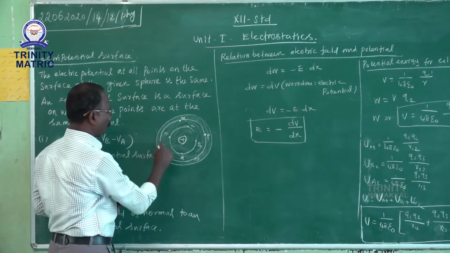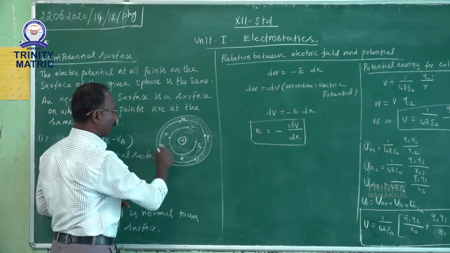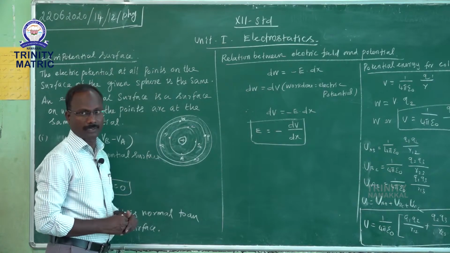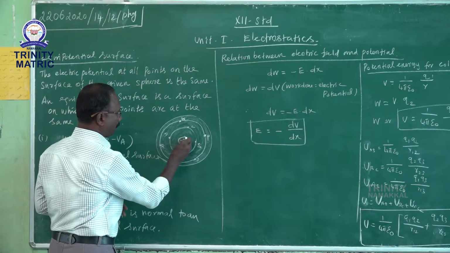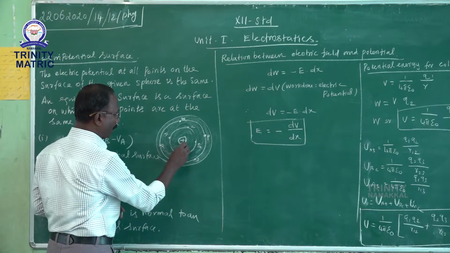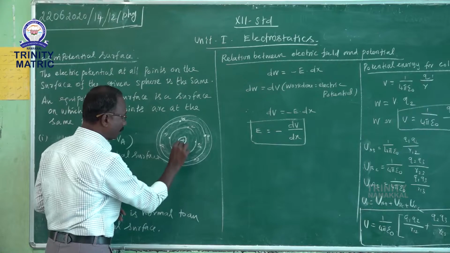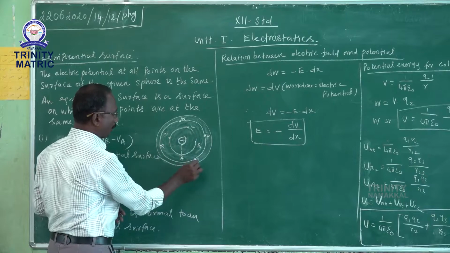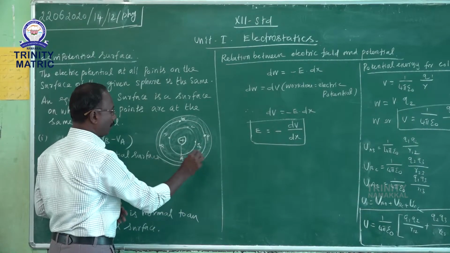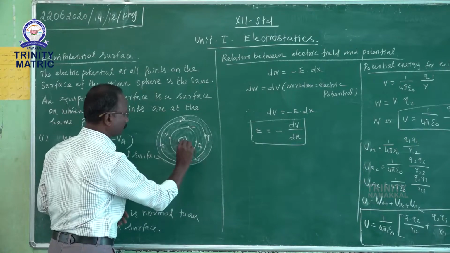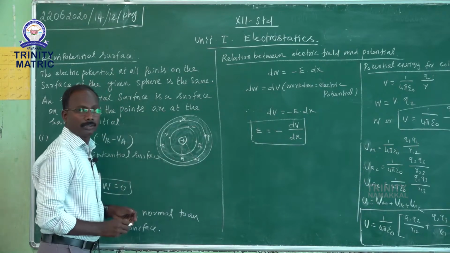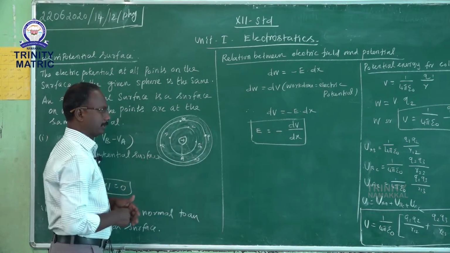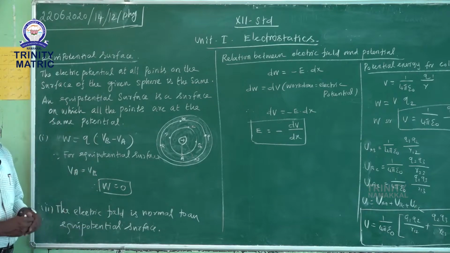Again, P, Q, R, S, all the points are at the same electric potential, so it is also an equipotential surface, because the points A, B, C, D are all at the same distance from the plus Q. Then P, Q, R, S, these 4 points are also the same distance from the plus Q. So from this distance the potential will be the same for each point. So it is called an equipotential surface.